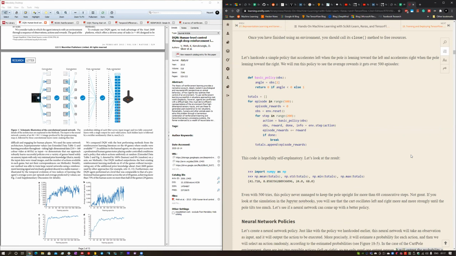And if the 0 or 1 says that it is acceleration, and not just velocity as we discussed, then that doesn't make sense all over again. You see what I'm saying? If he just said, let's hard code a simple policy that says the velocity, then I would agree with you, but he actually says accelerates left by giving it a 0 and accelerates right by giving it a 1.